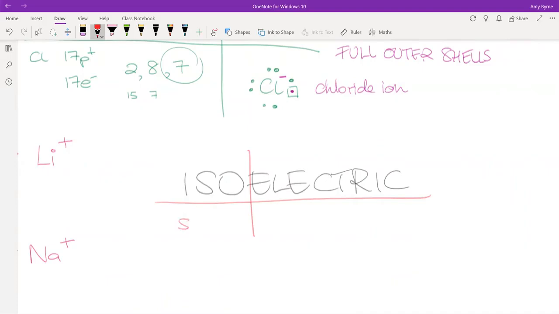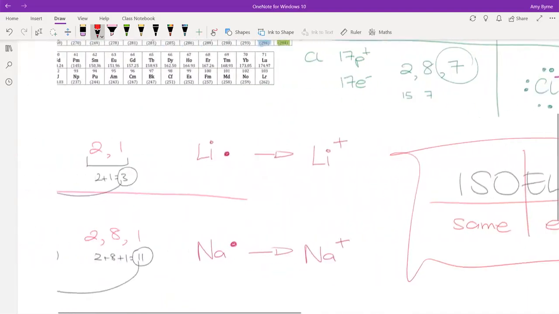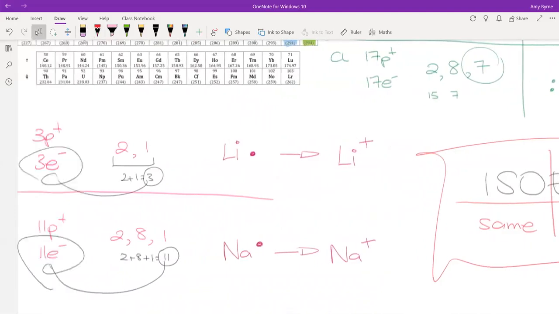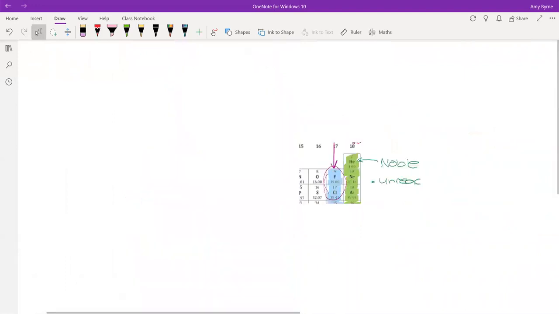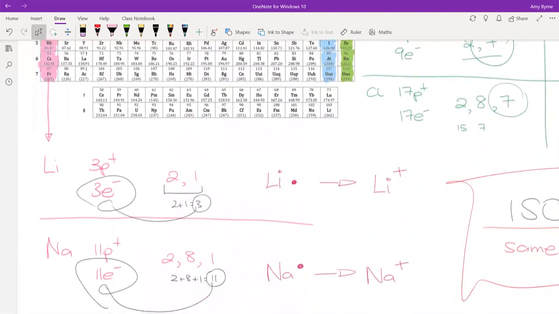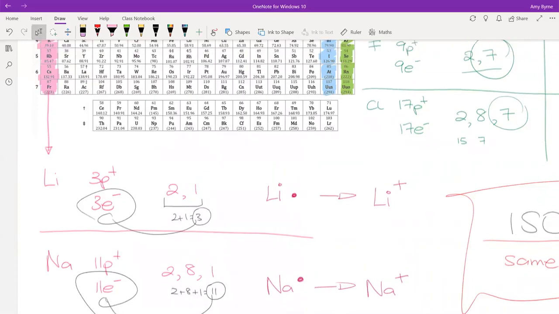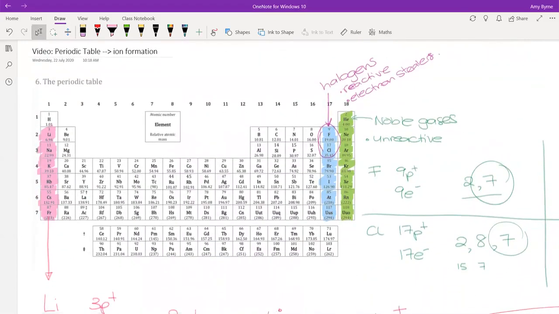So iso means same, electric in this case means electrons. So the same electron structure. So Li plus has 2 electrons, so it looks like helium. Na plus has 10 electrons, so it looks like neon.